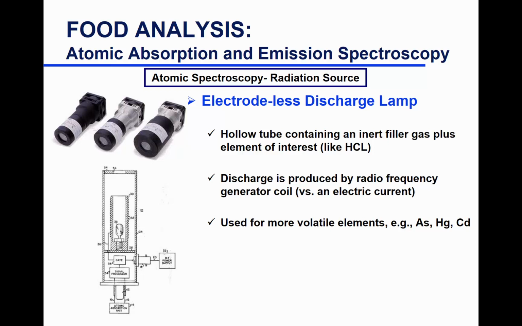So that radio frequency is going to excite the cathode or the metallic form in your lamp, which will allow it to emit spectra at the particular energy for that element.